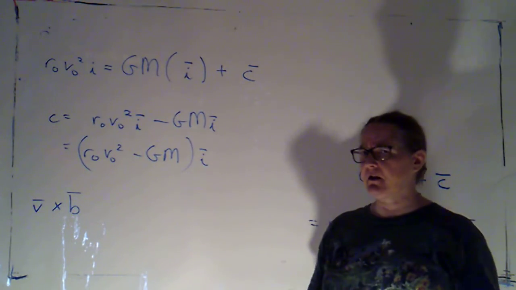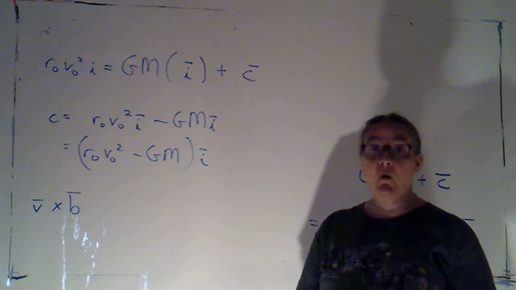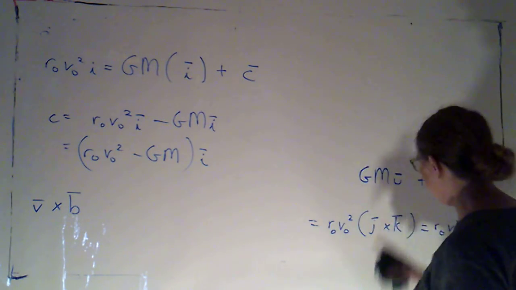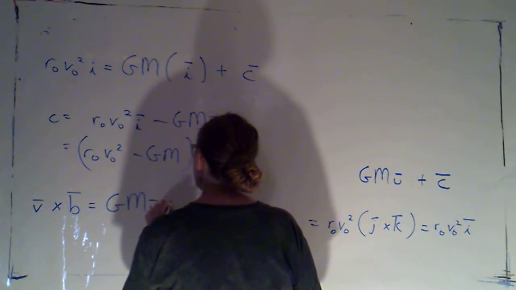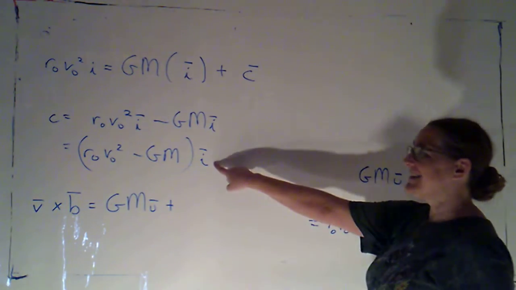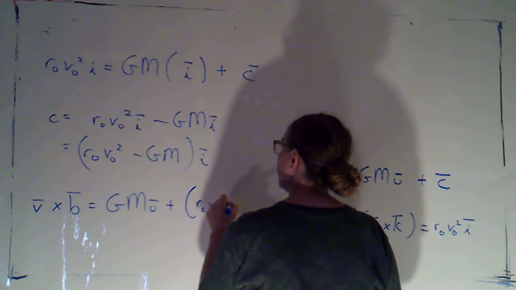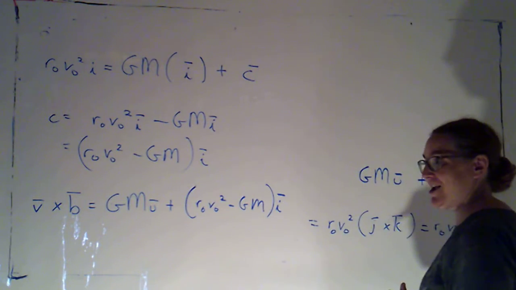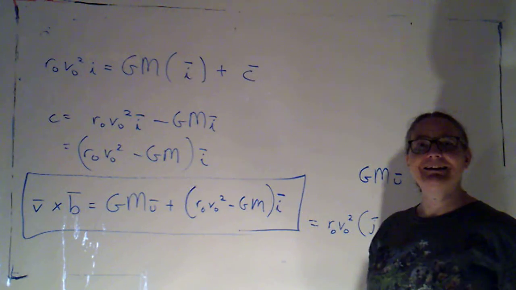Remember, this entire video has been about characterizing v crossed with b. It's not yet clear why we care about characterizing it, but we've had some fun describing it, and we're now able to say that that's equal to gmu plus this specific constant, r naught v naught squared minus gm copies of i. Wacky fun.